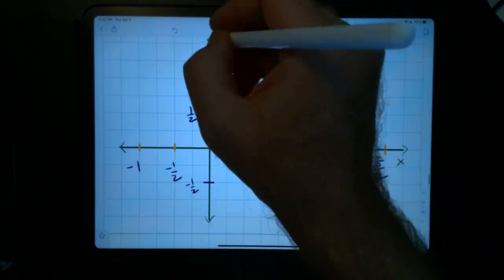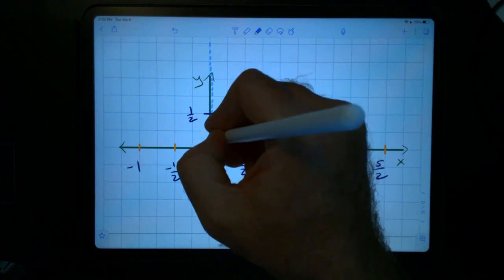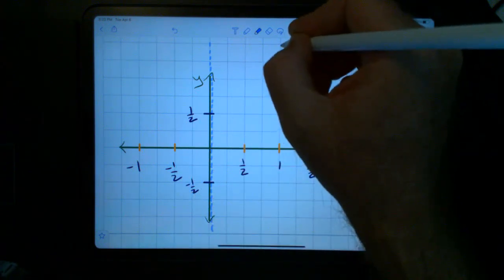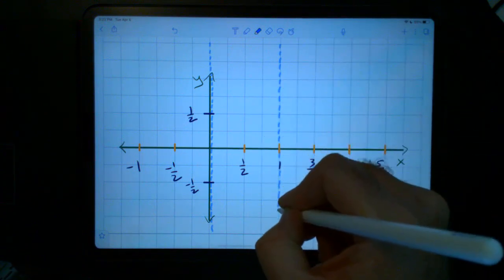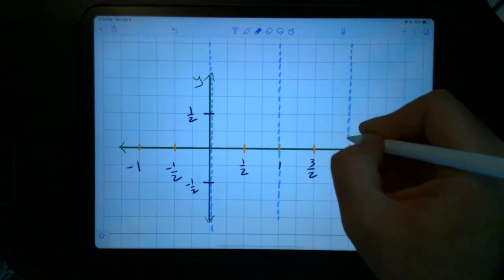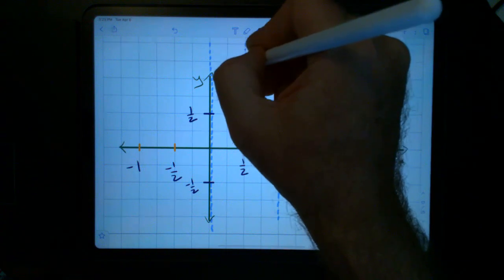X equals 0 is an asymptote. This one has a period of 1, so there's an asymptote. And at all the halfway marks are asymptotes.